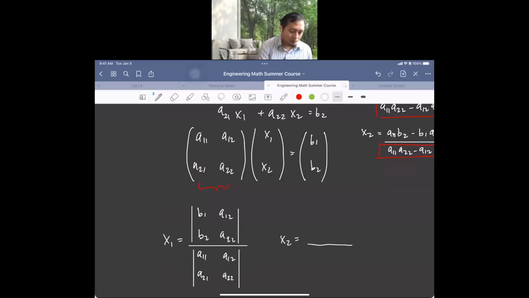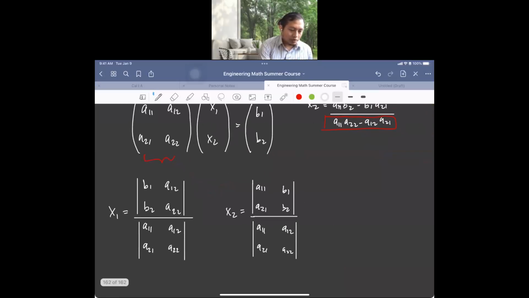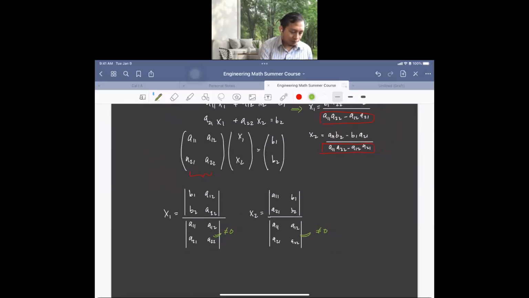And for x2, we are going to replace the right side. Then we need to make sure that the determinant on the bottom part is not 0. And this is what we call Cramer's rule.